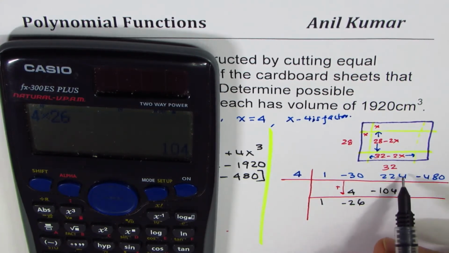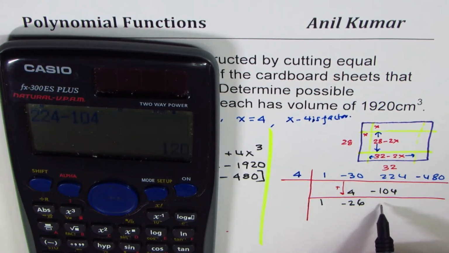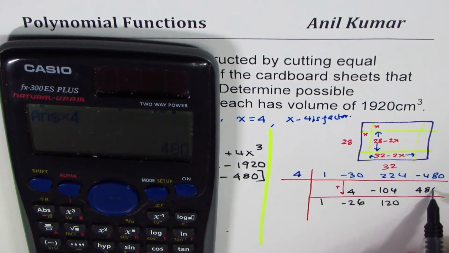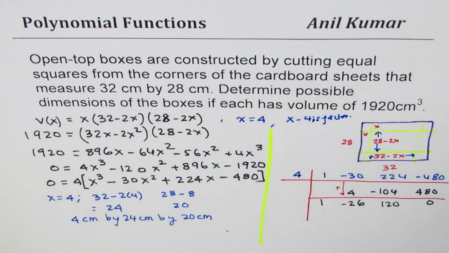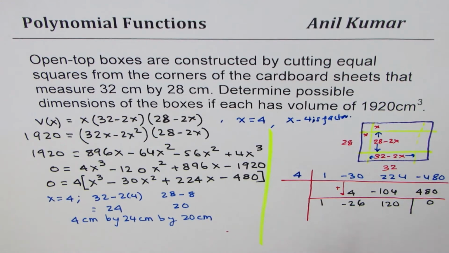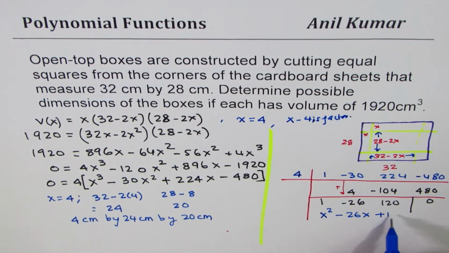Now 224 minus 104 gives you 120. Multiply by 4, 4 times 120 equals 480, right? So as expected, the remainder is 0. That's the remainder part. So we have a quadratic function which could be written as x squared minus 26x plus 120.